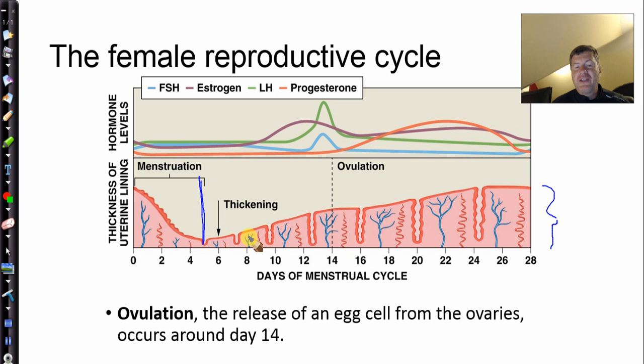Then for the next part of the cycle, all the way up to about day 28, it's going to see a progression of thickening. It's going to thicken because of a combination of hormones. FSH, estrogen, LH, and progesterone are all going to be produced, and some of them have more effects on the lining than others, but she's going to build up the lining in anticipation of getting pregnant that month.